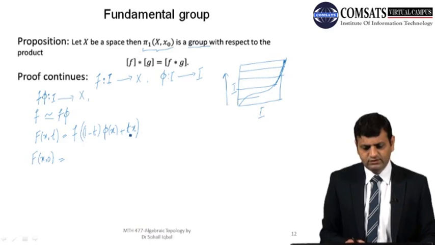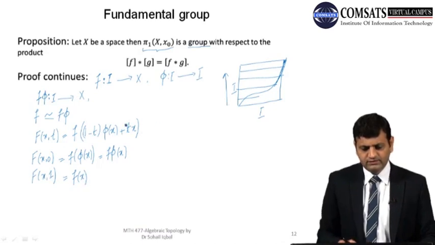When t is equal to 0, we get f of phi of x, in other words, f phi of x. When t is equal to 1, this is basically f of x. So this continuous function is f phi for t equal to 0, and f for t equal to 1. It is a homotopy of f and f phi.